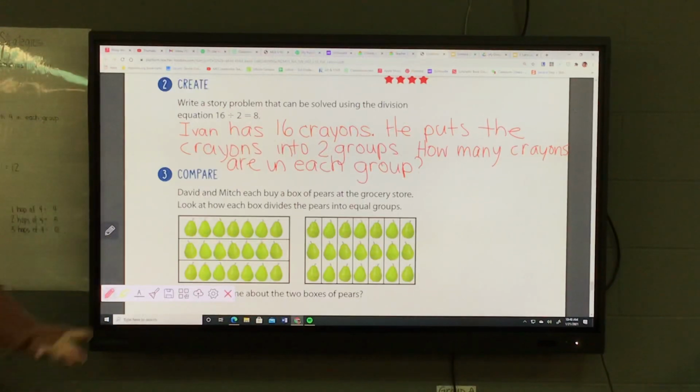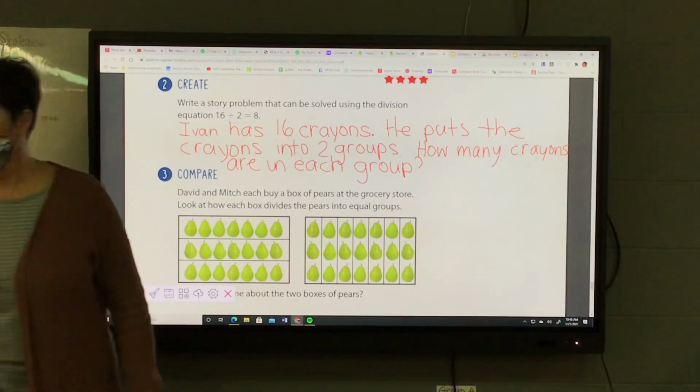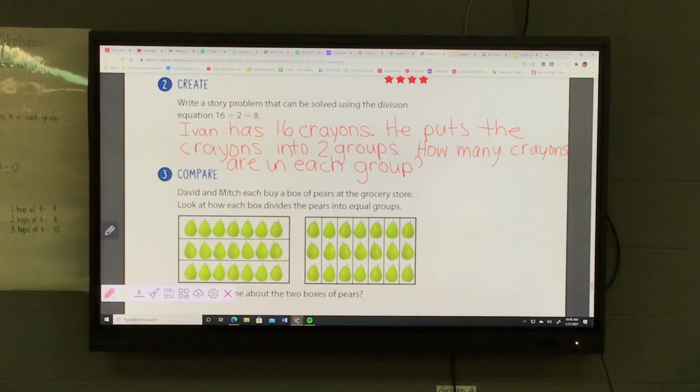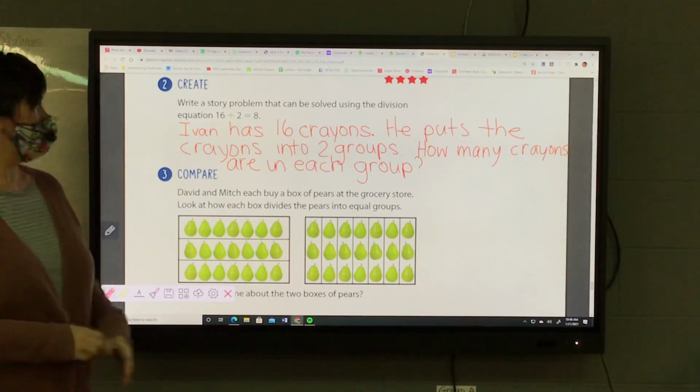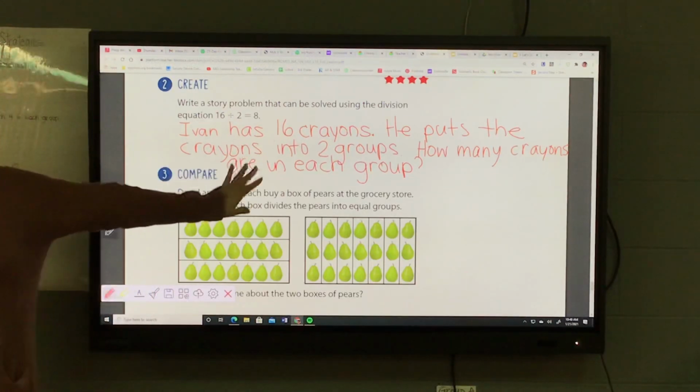We just created our first word problem for division. We're so smart. Everybody have this?